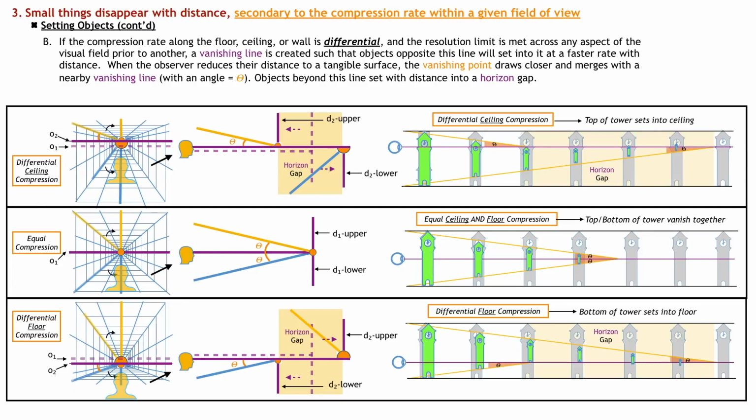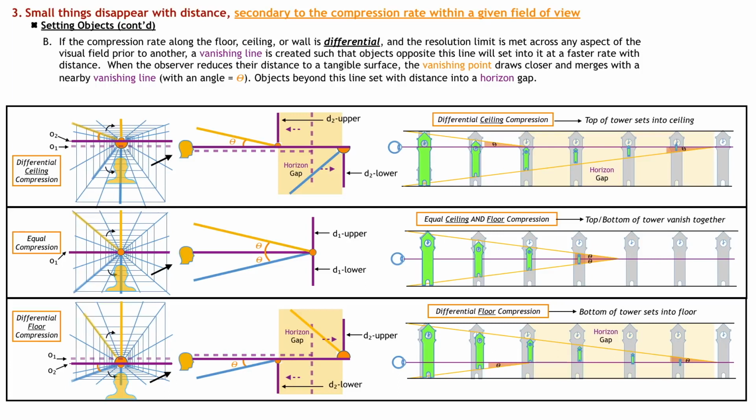So to continue this, that was equal compression. So we're in a hallway again where the floor and the ceiling and the walls are equidistant from the observer. And now we're going to lower ourselves down to the floor or raise ourselves up towards the ceiling. And we're going to now have a differential compression within that field of view.